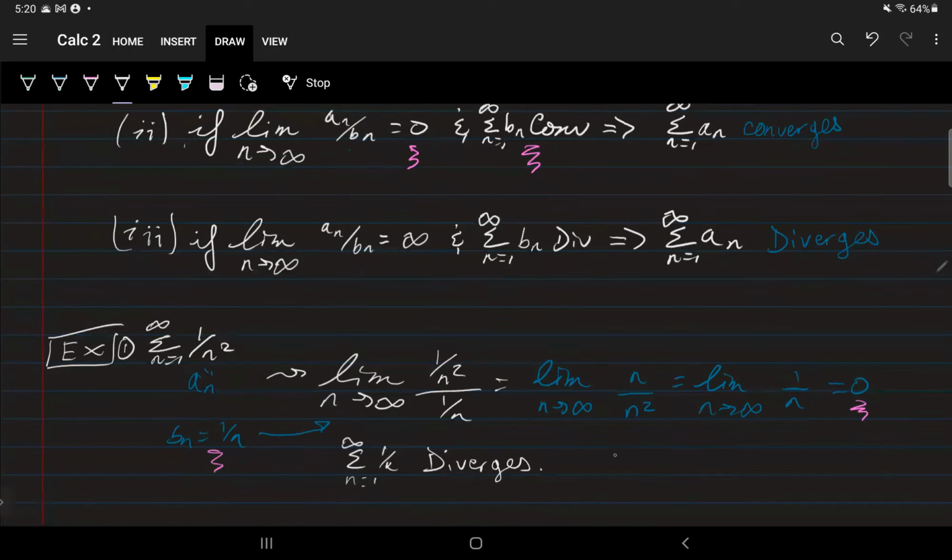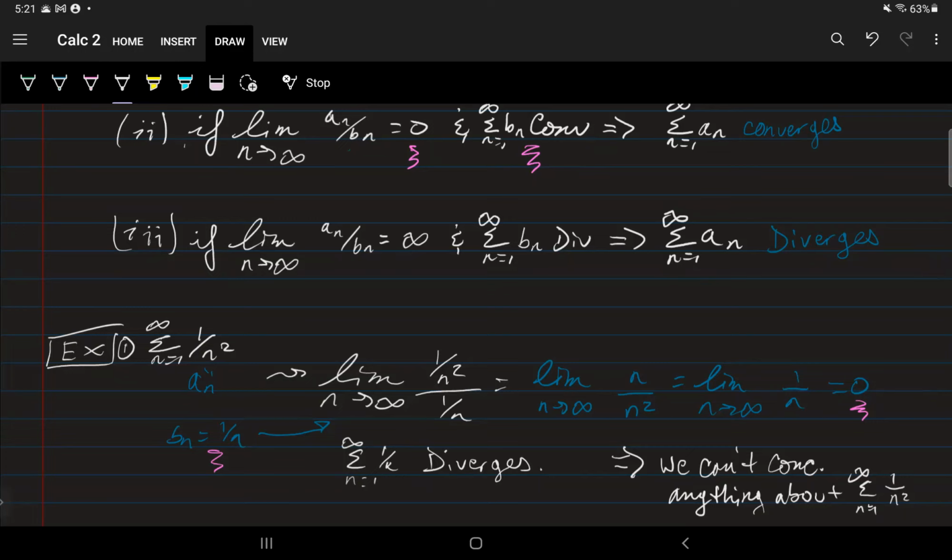So this means this entire analysis that we just did says that we can't conclude anything using the limit comparison test. But with that being said, we don't really need the limit comparison test. We know that the sum of 1 over n squared converges.